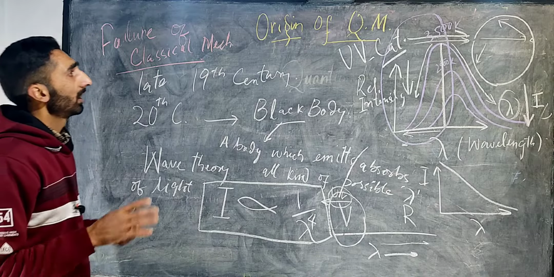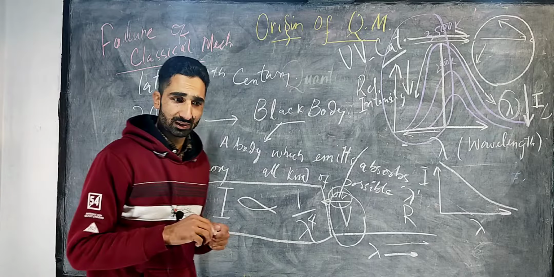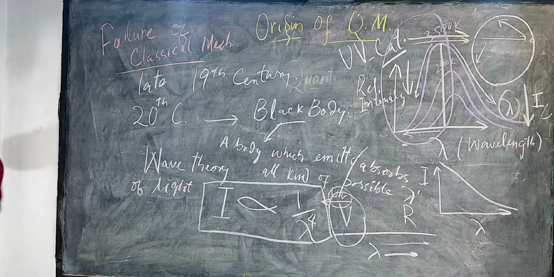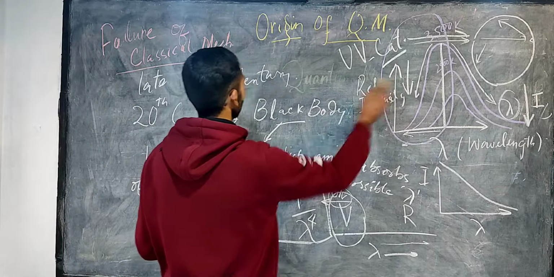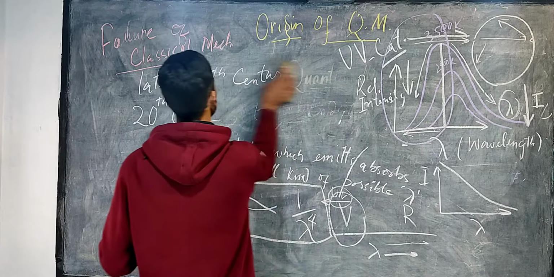For example, Wien gave a simple law in this very field. Consider this diagram for the black body.